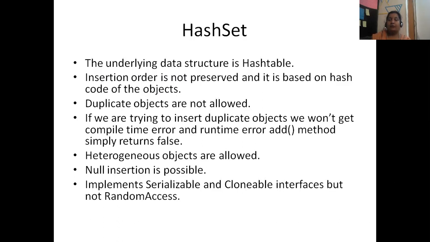If I'm giving one more value, 55, again it will come in the same position, but that position already has 5, so it will move to the next position. This is one of the methods to resolve collision, but a number of methods are there. This is called linear probing.